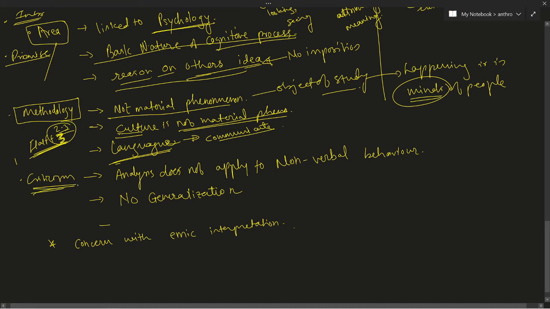Now, criticism. First, there is the issue of analysis. The way we studied in historical particularism, or Marvin Harris's cultural materialism, analysis is very important. But here analysis does not apply to non-verbal behavior. We can apply our analysis to something which is verbal, or available for the process. But as far as non-verbal communication or behavior is concerned, we do not have any data, so there is no analysis.